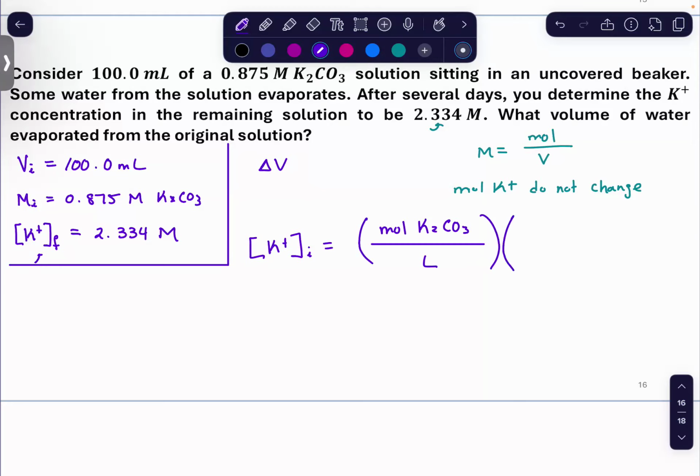I also know that for every 1 mole of K2CO3, I'm going to get 2 moles of potassium ions. So my moles of K2CO3 will multiply out.